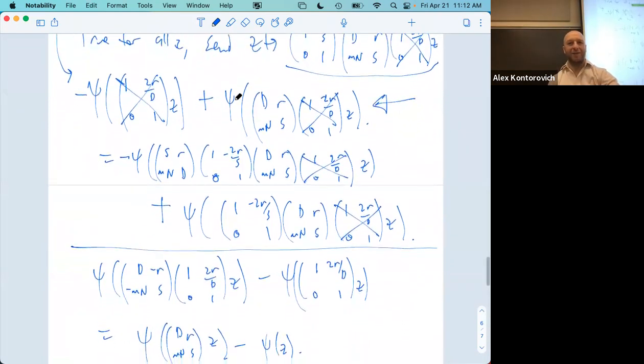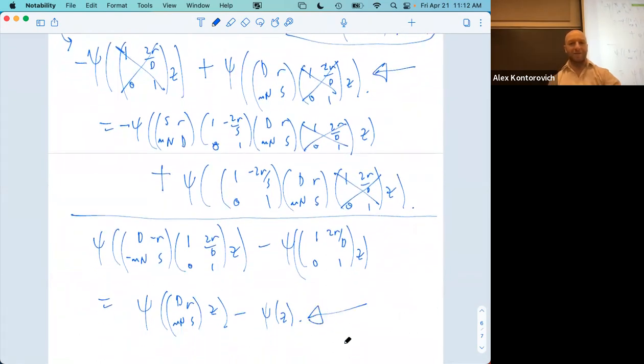Look at that top line, which is psi of D R minus, not minus, M N S Z minus psi of Z. That's exactly what I have here. The top line matches the top line, which means these two lines also match. Okay. Beautiful.